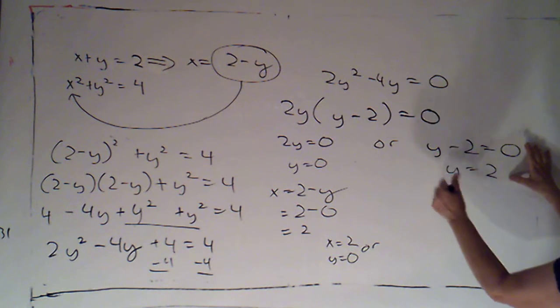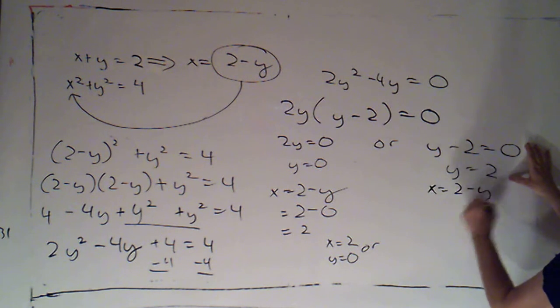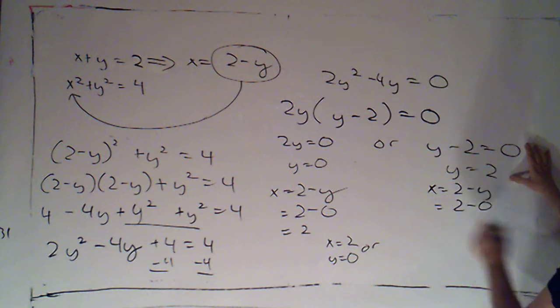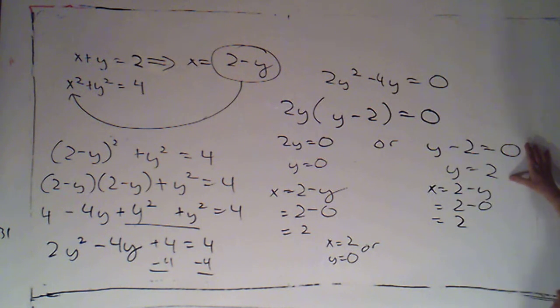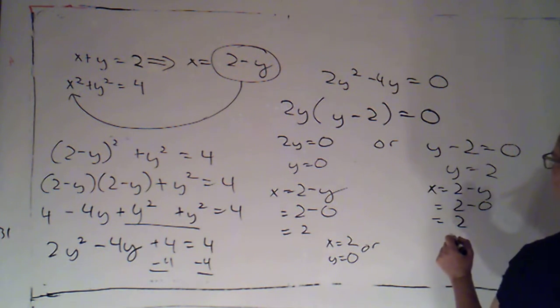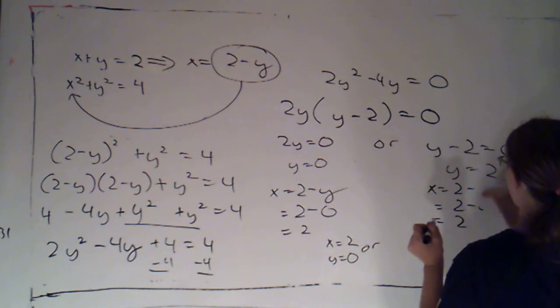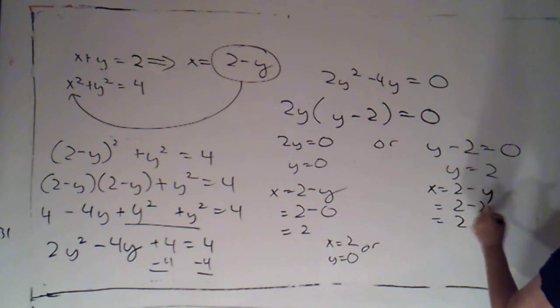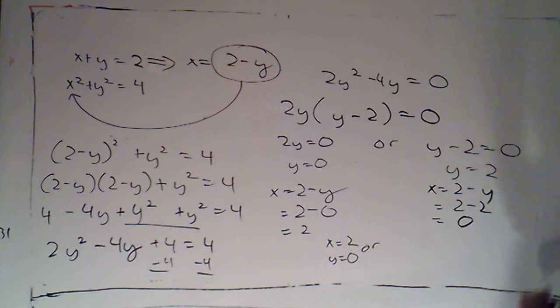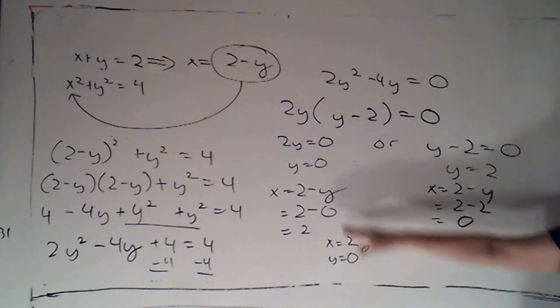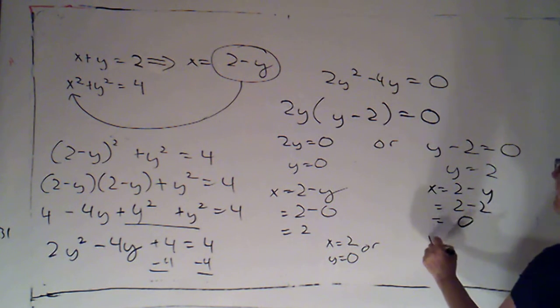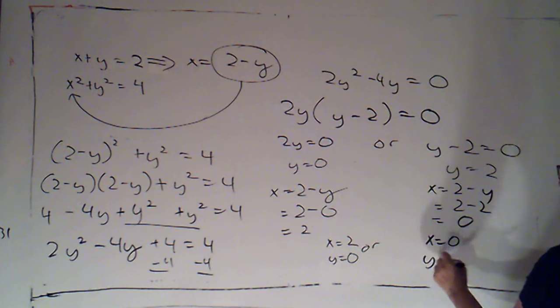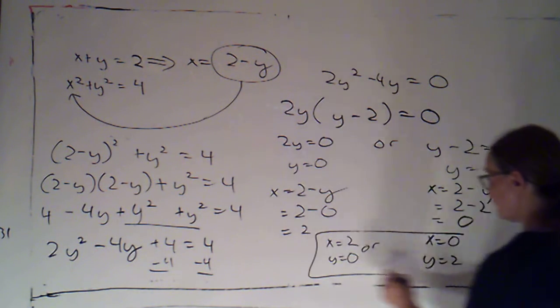If y is 2 and x is 2 minus y, that becomes 2 minus 2, which is 0. I apologize, I plugged in 0 a second time. So now I'm getting x equals 0 and y equals 2.